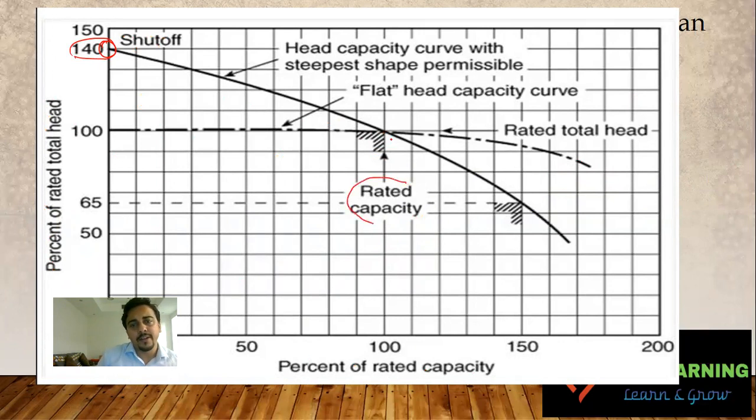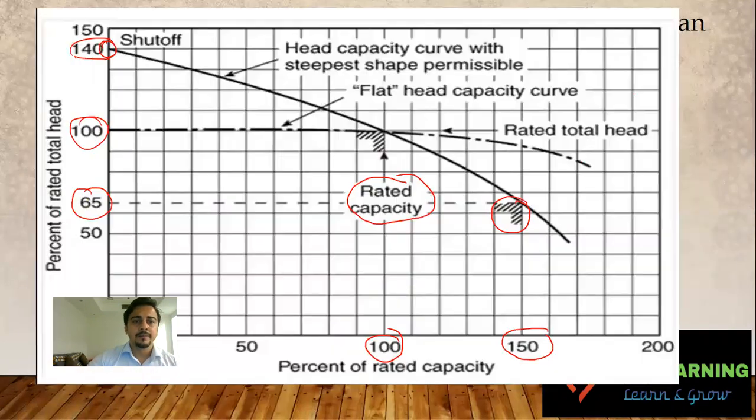At rated capacity, you can see this is 100% pressure and 100% flow. While the pump runs at overload, it cannot go below 65% pressure, the point we discussed earlier, and the maximum flow can go up to 150%. So these are the 3 points that you have to read from the curve while selecting the fire pump.